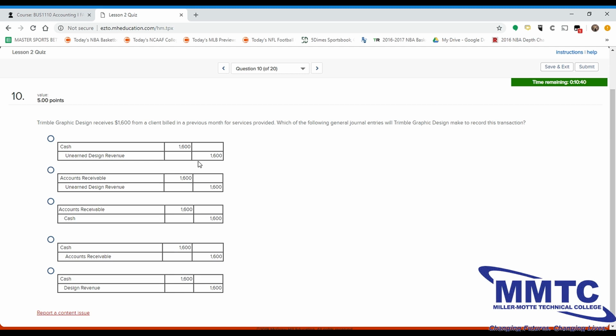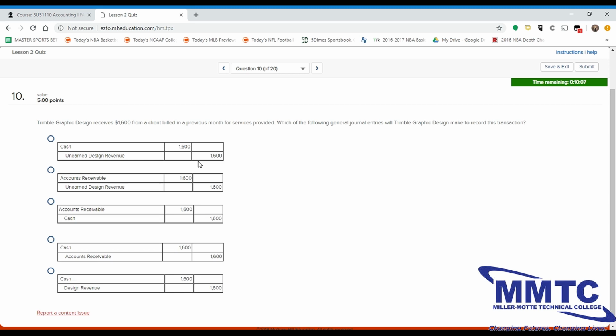Because this is money people owe us. If somebody paid their bill, then we have to decrease that account, because now they don't owe us as much anymore. So what would we do to decrease the accounts receivable account? Debit or credit? Credit it. There you go. So we know, Mr. Coates, that we're going to credit accounts receivable.